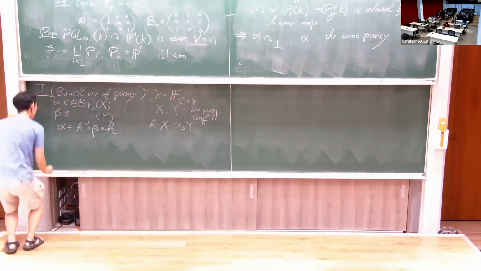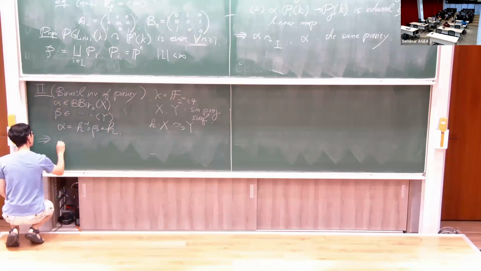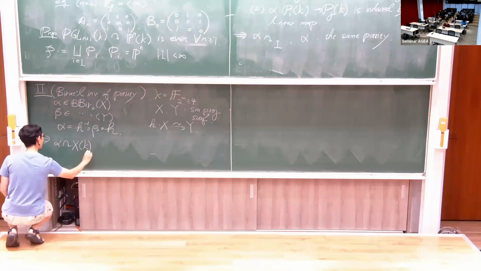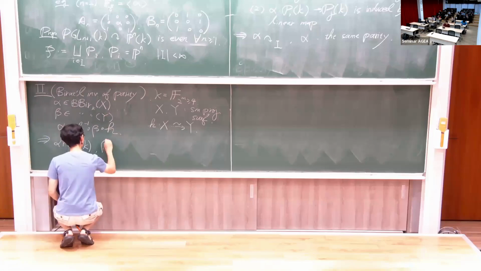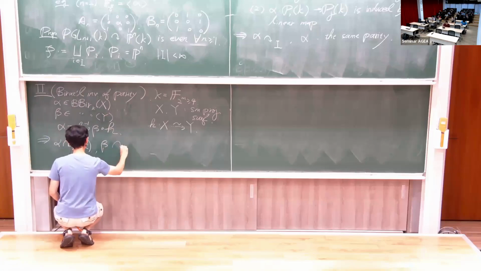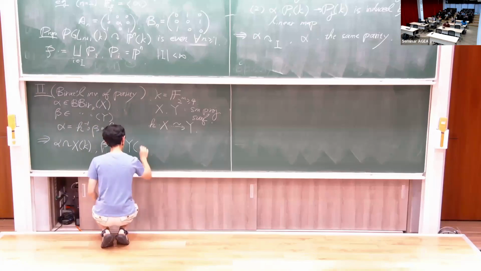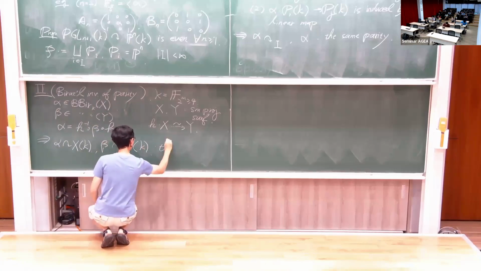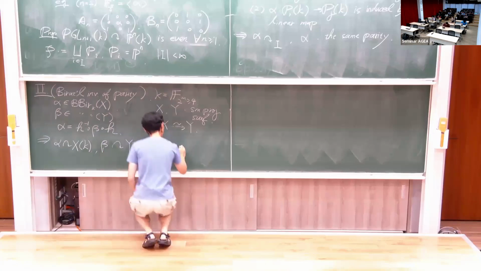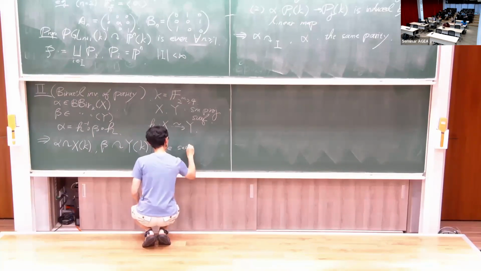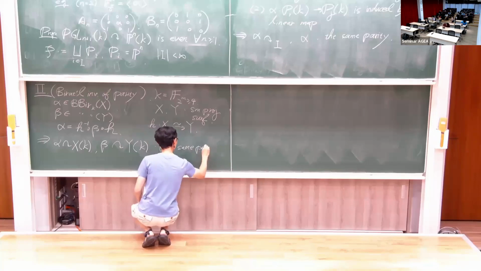Okay, then the action of alpha on the set of rational points on X and the action of beta on the set of rational points on Y have the same parity. They're both even or both odd.